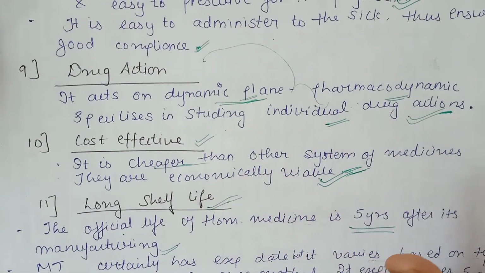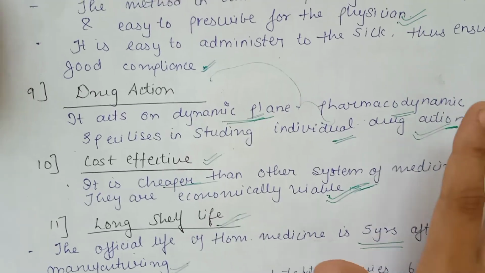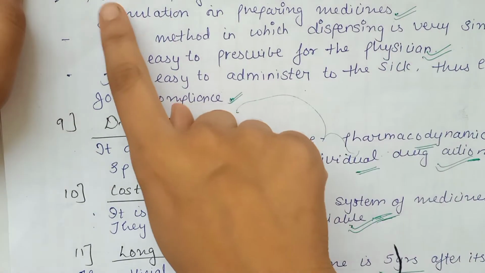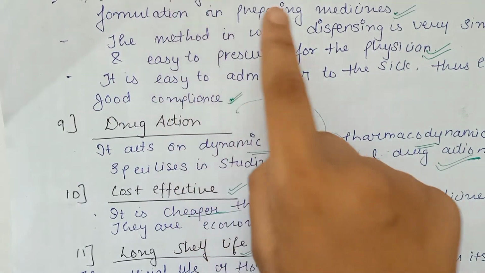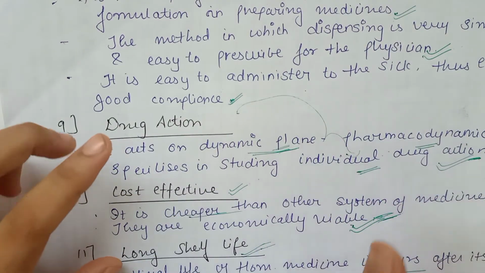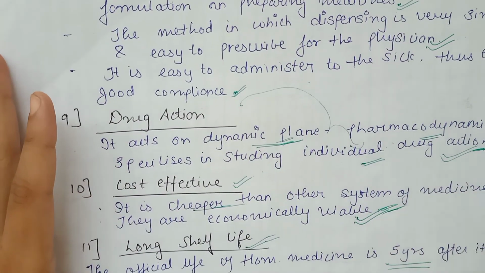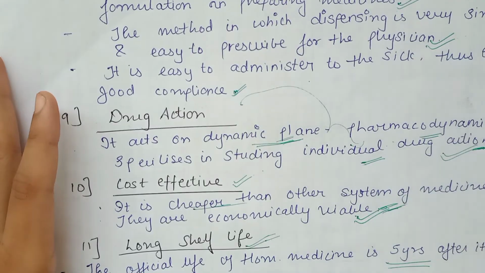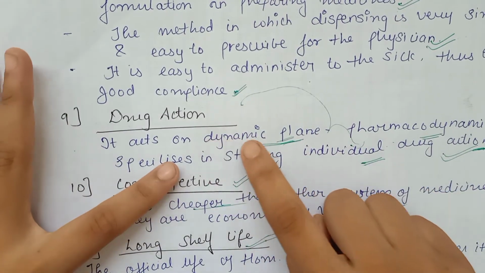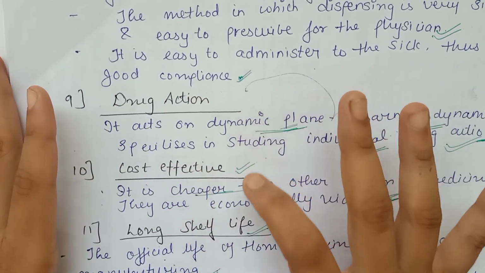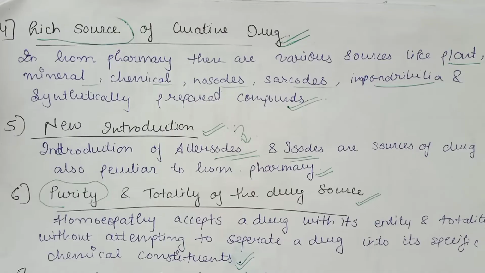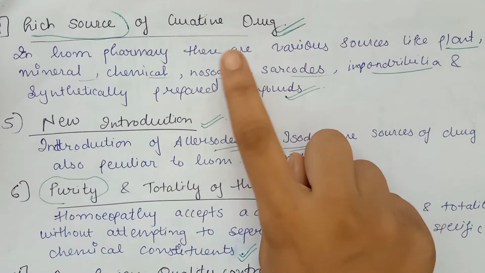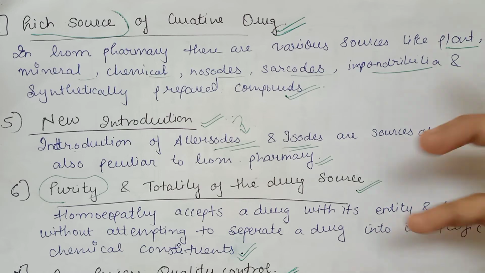So these were the 11 points which we saw. Okay, first point was simple to dispense and easy to administer. Drug action कैसे होता है, individual हम सारे individual पर drug action देखते हैं, and it acts on dynamic plane. Cost effective है, long shelf life है, rich source of curative drug, मतलब we have too many sources.